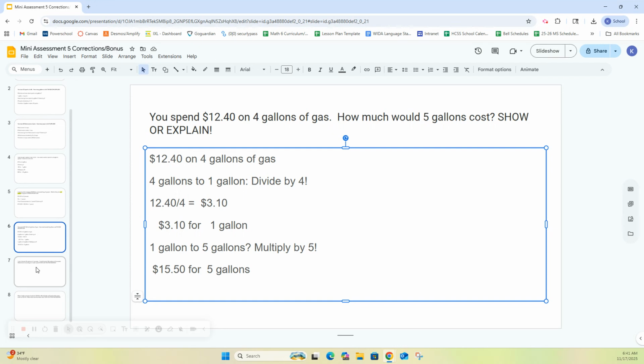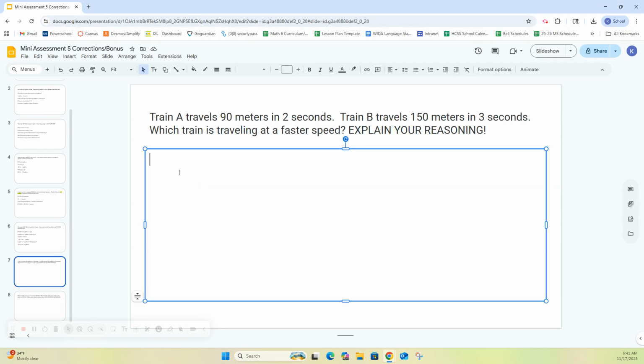All right, let's keep going. Train A travels 90 meters in 2 seconds. Train B travels 150 meters in 3 seconds. Which train is traveling at a faster speed?